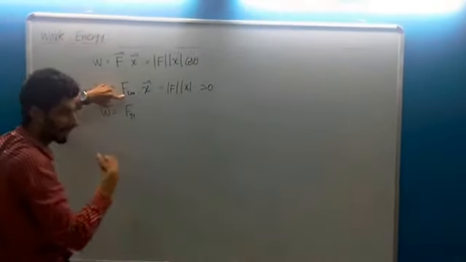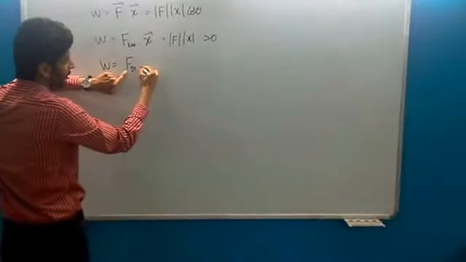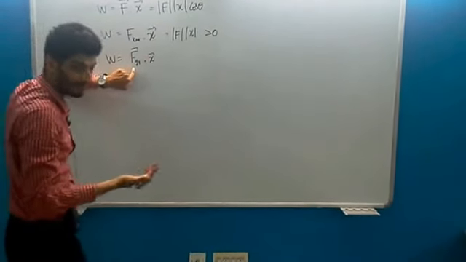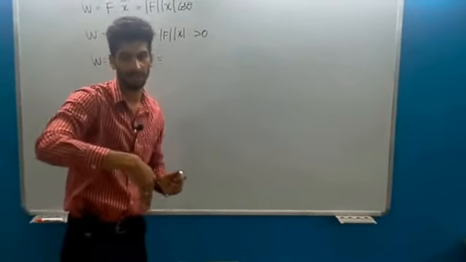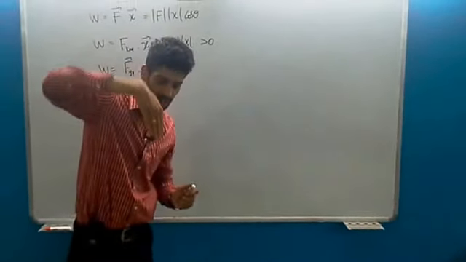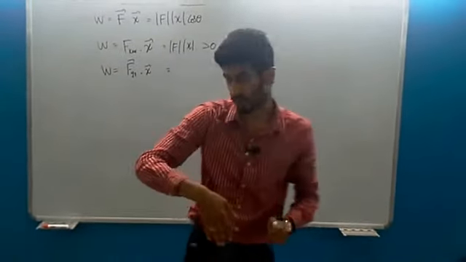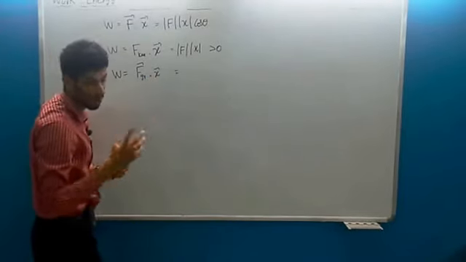So this is work done by Karthik. This is work done by the gravitational force, which is the dot product of force and displacement. But the force is by gravity. Here, the gravitational force always acts in the downward direction. So this is going to be the displacement direction, and this is going to be the gravitational force. The angle between gravitational force and displacement is 180 degrees.